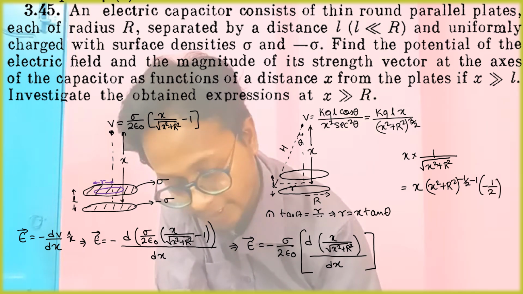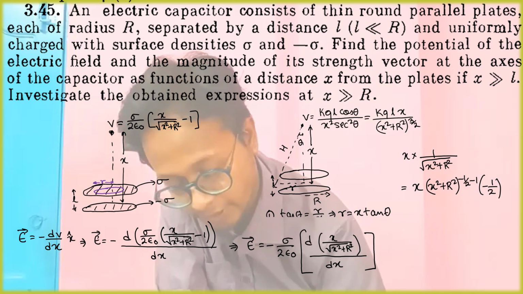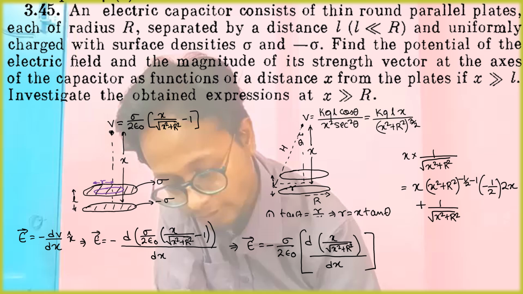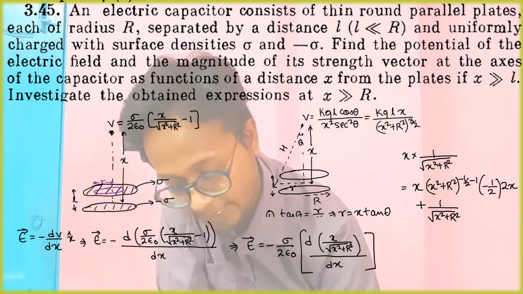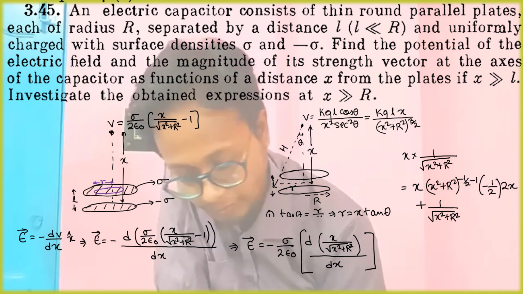Then I have to go inside and differentiate x square, the differentiation of x square would be 2x, plus 1 by under root of x square plus r square. I'm taking this as constant and differentiating x. If I differentiate x, what will happen? The differentiation of x is nothing but 1.